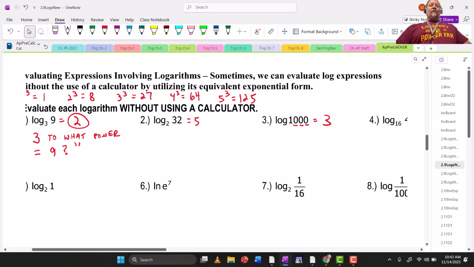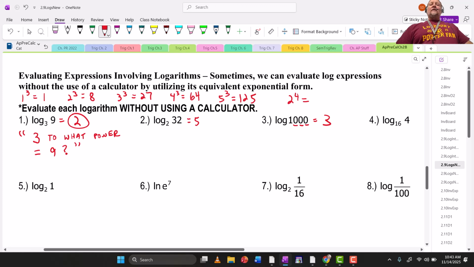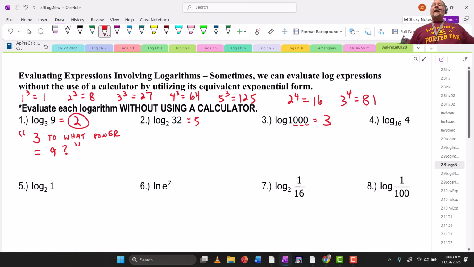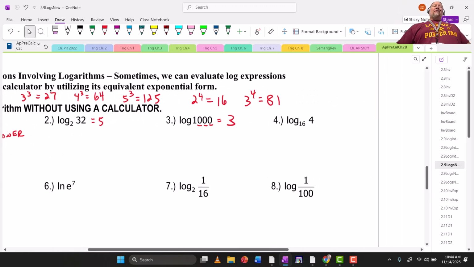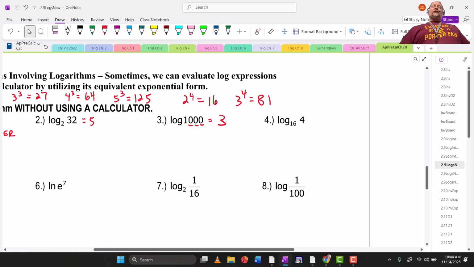And I believe you should know these fourths. 2 to the fourth is 2 times 2 is 4, and then 4 times 4 is 16. 3 to the fourth is a popular one that makes me sad how many students make that hard. Because 3 squared is 9, and then 9 times 9 is 81, which is 4 threes multiplied together. 4 to the fourth might be a stretch.